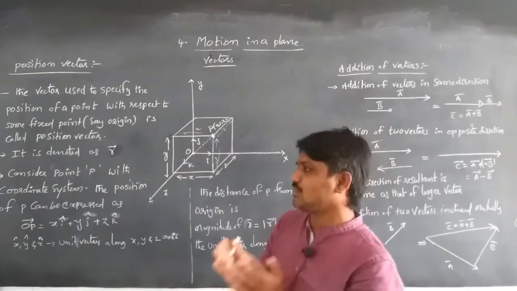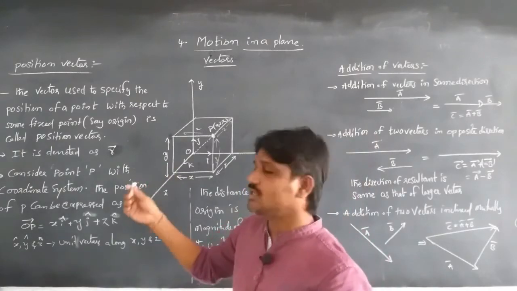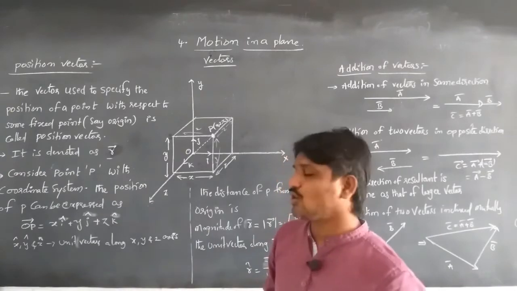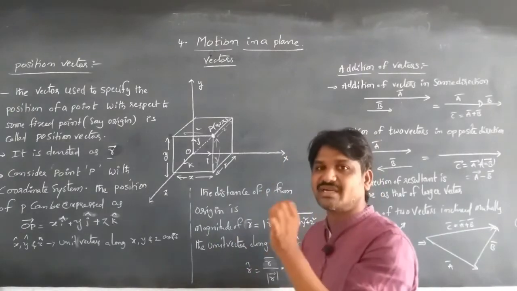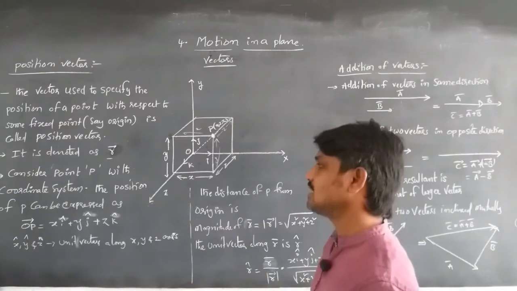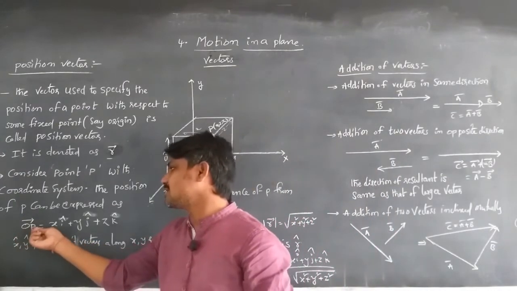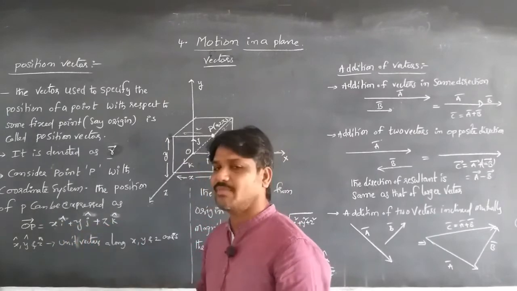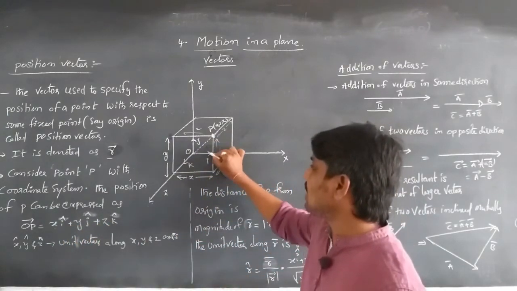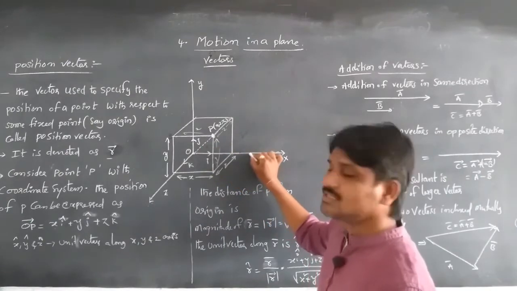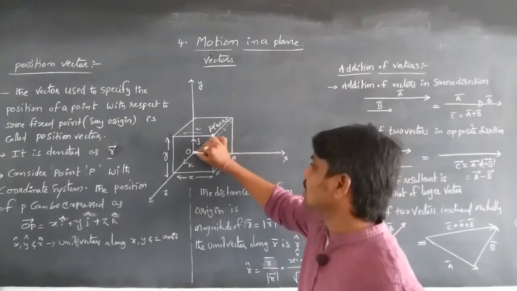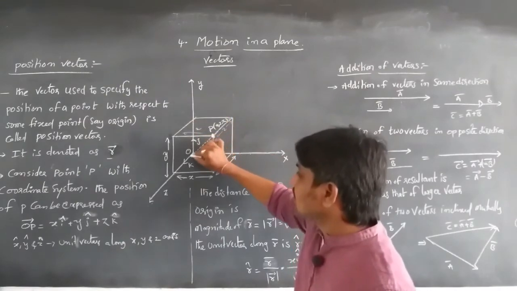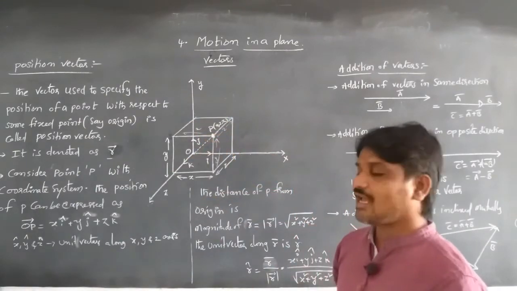The position vector can be denoted with r bar. According to the coordinate system, the position of a particle P can be expressed as OP equal to x i cap plus y j cap plus z k cap. Here i, j, k are the unit vectors: i is the unit vector along the x axis, j along the y axis and k along the z axis.